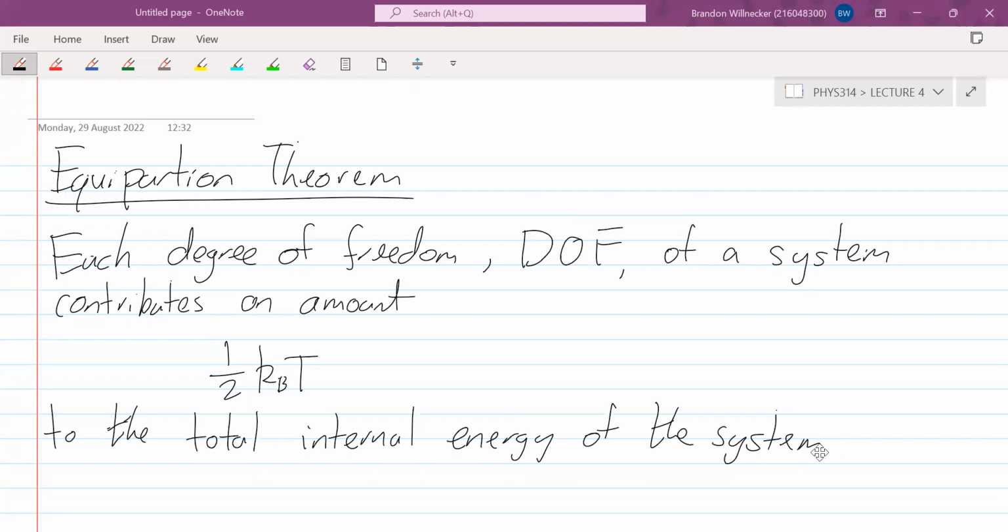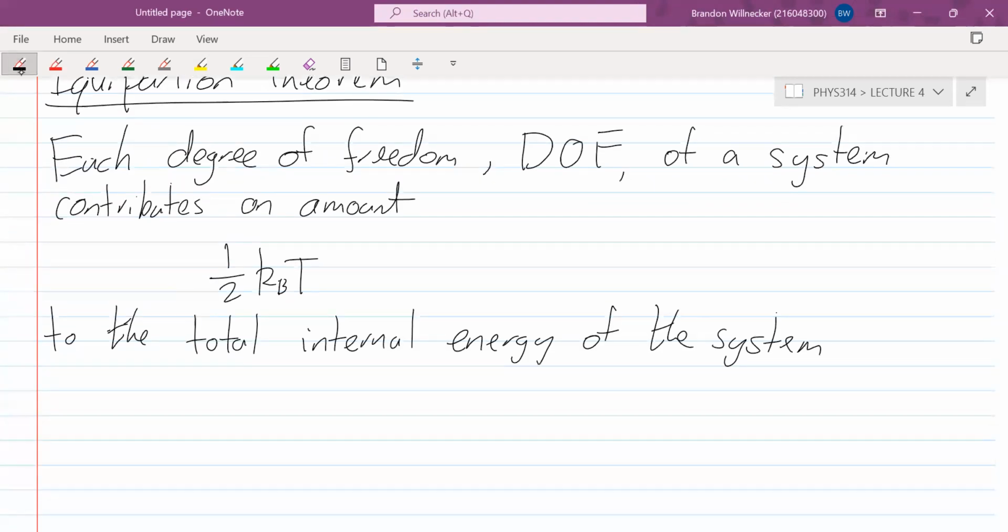And that's where we get that factor 3/2 in kBT, because there are those 3 dimensions. And then, like I said, if you have N particles in 3D, then you have 3N contributions.